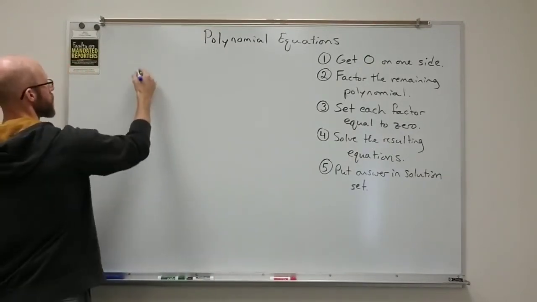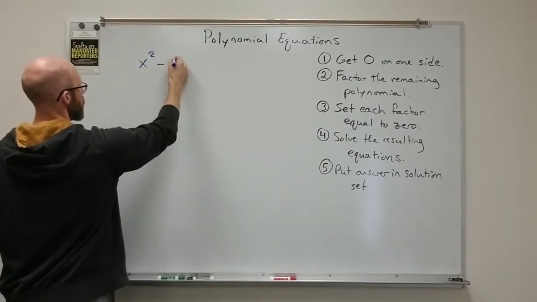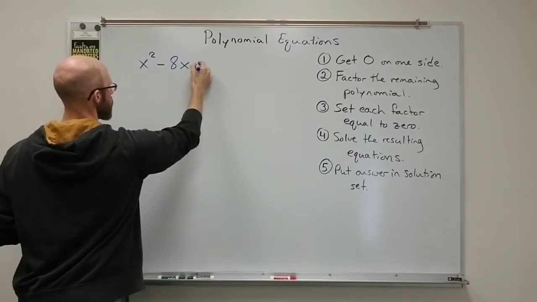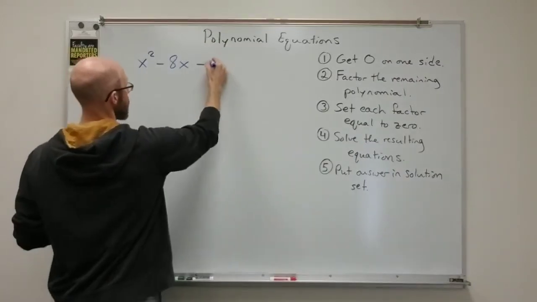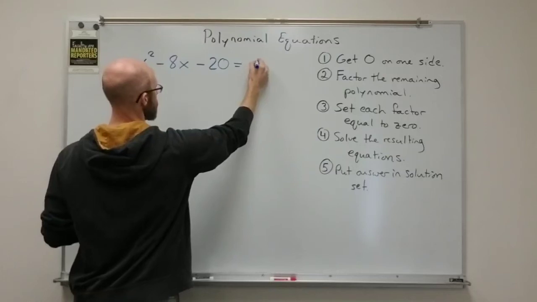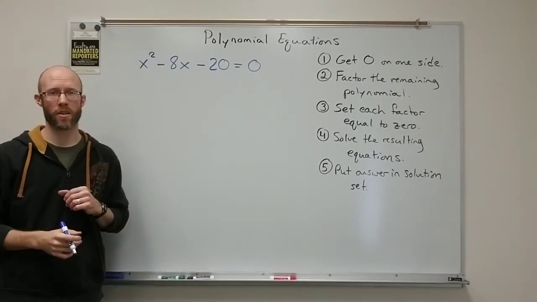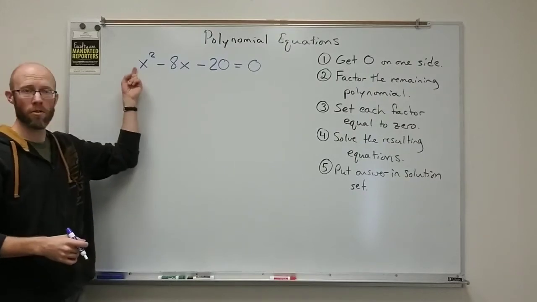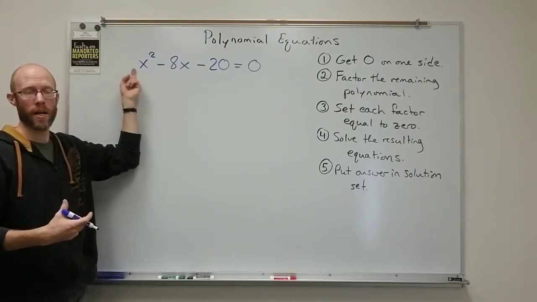Let's do something like x squared minus 8x minus 20 equals 0. So here's one where we have to do some factoring. The lead coefficient is 1, and so I can just go straight to my shortcut.